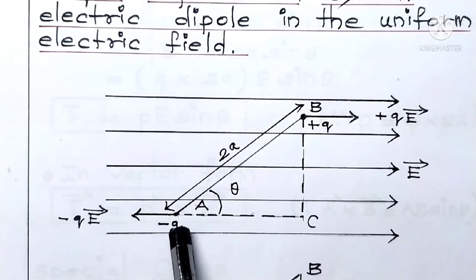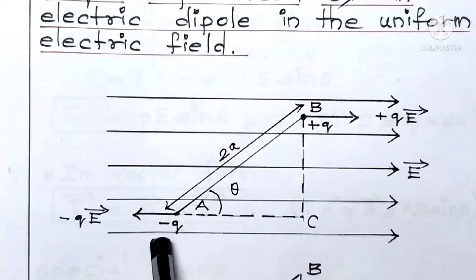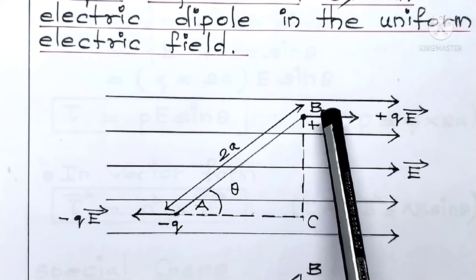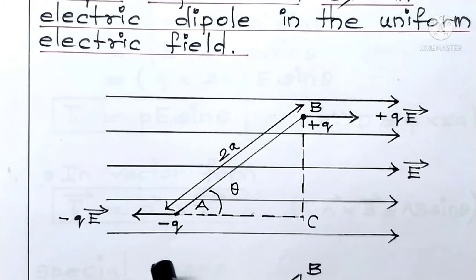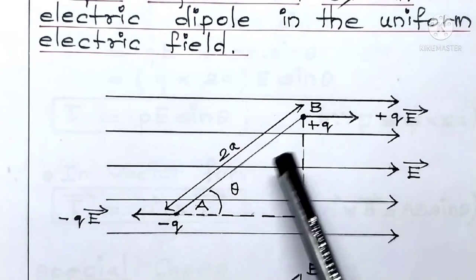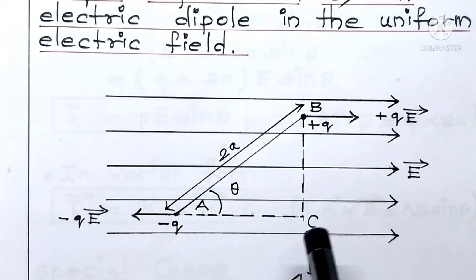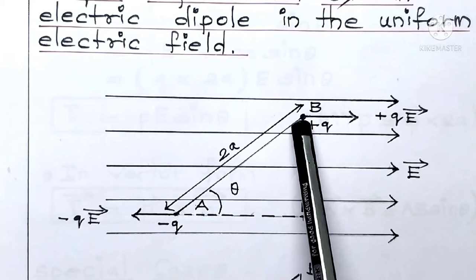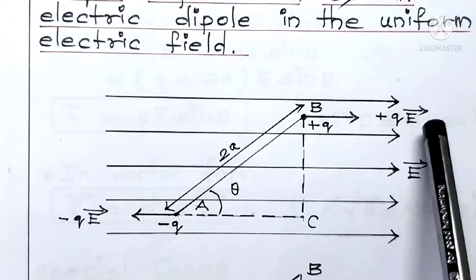Now here, this AB is the dipole and minus Q, a negative charge, is placed at A and a positive charge is placed at B. As we all know, the distance between the negative charge and the positive charge is 2a. So, it is written over here. At this point, a force is made which is nothing but plus qE vector.